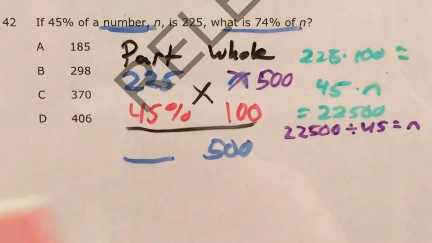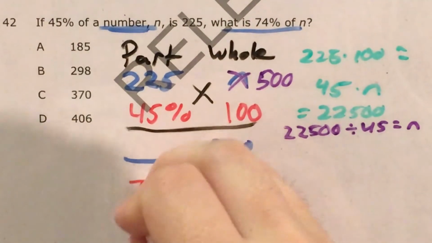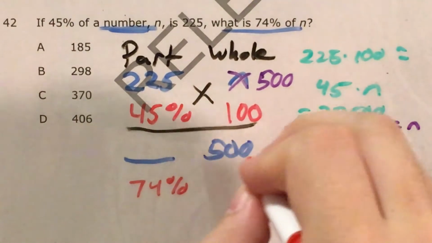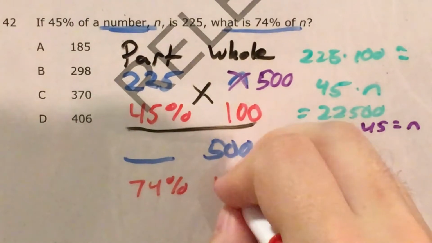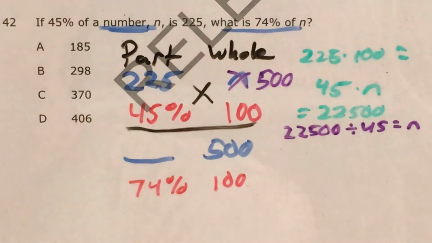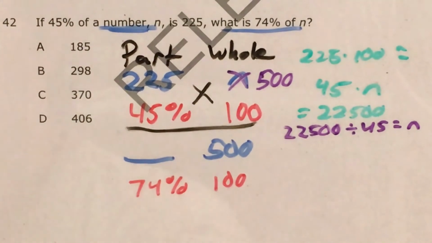And now I'm filling in another row with my information about percents, and I say that 74% is my part, and 100% is my whole in this case, because 100% always represents the whole, everything that we're talking about.